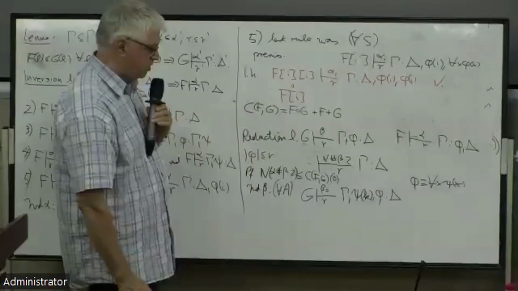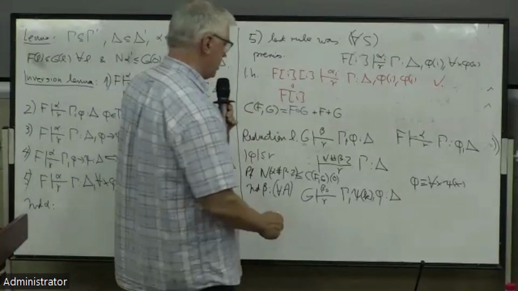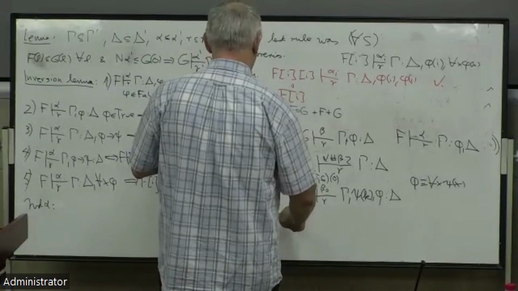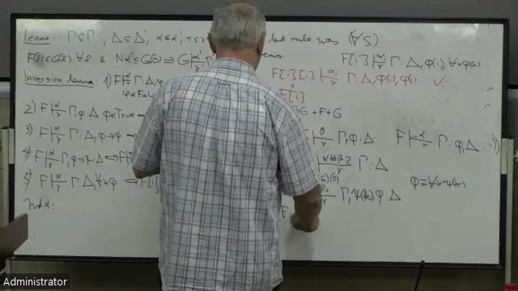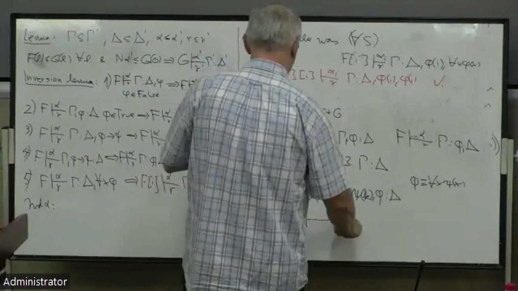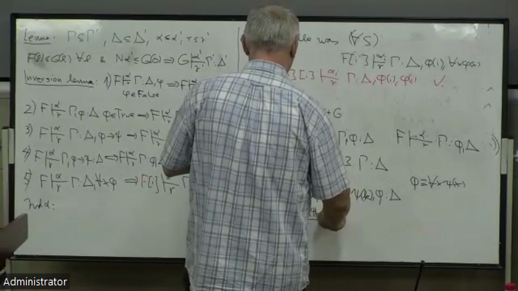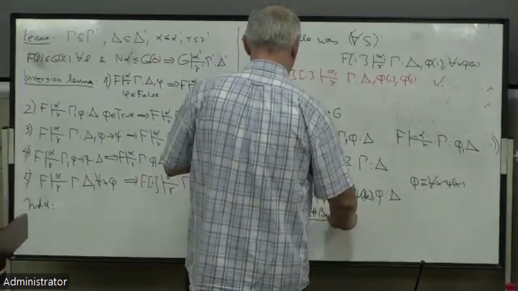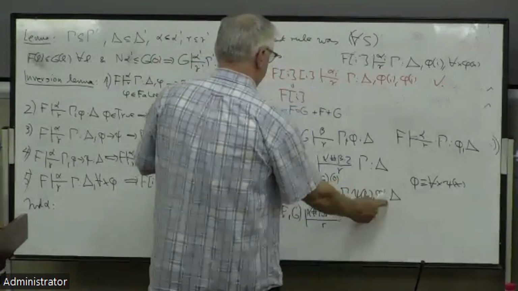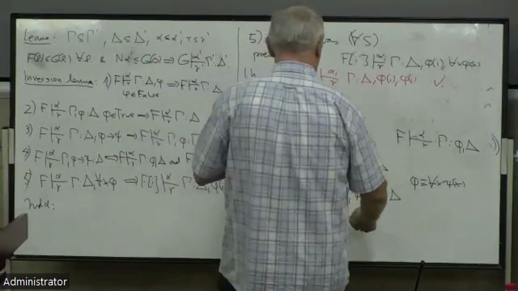Okay, now in this situation, we can apply the induction hypothesis. So we get the composition of F and G controls alpha plus beta 0 times 2 R. The induction hypothesis says we can get rid of formula phi.